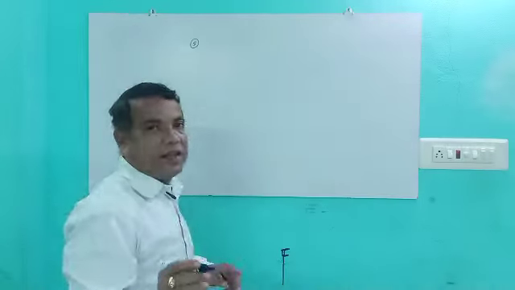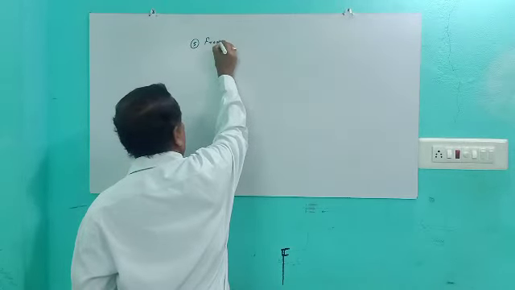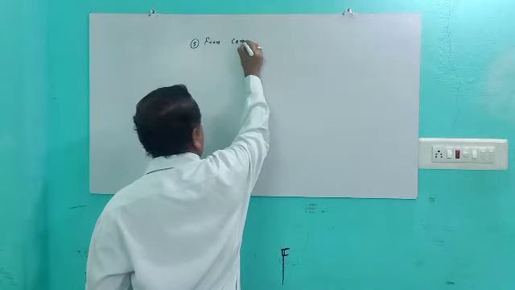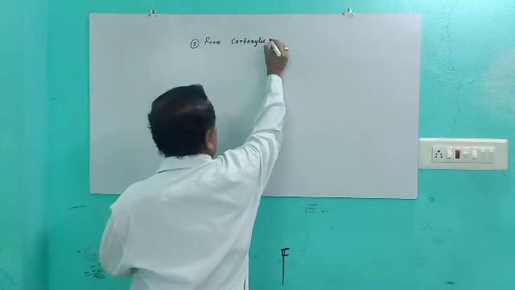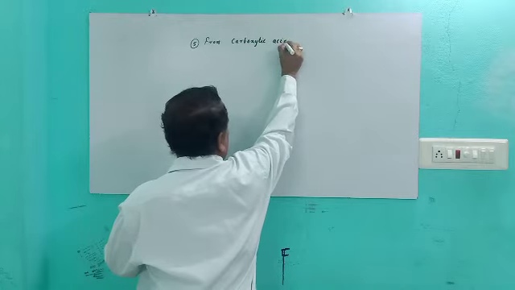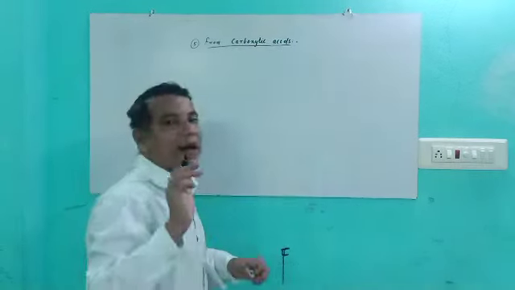From carboxylic acids. How can we get an aldehyde or a ketone from a carboxylic acid?